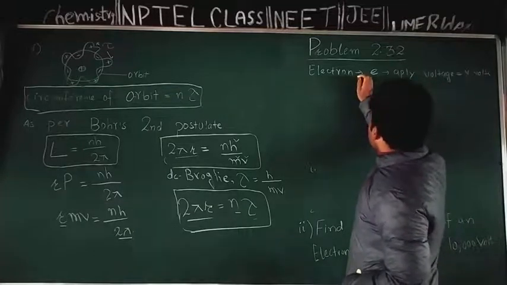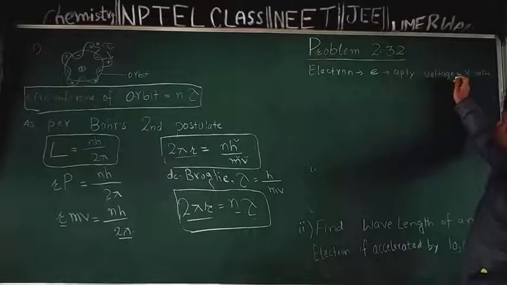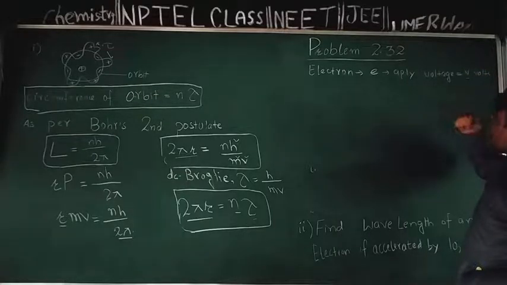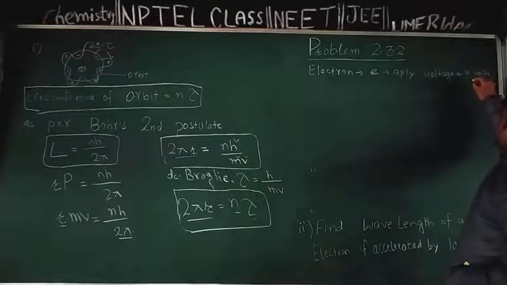Whenever any charge is present in some field, in some potential, and the charge here is an electron, the electron is a charged particle and it is under the influence of some potential.